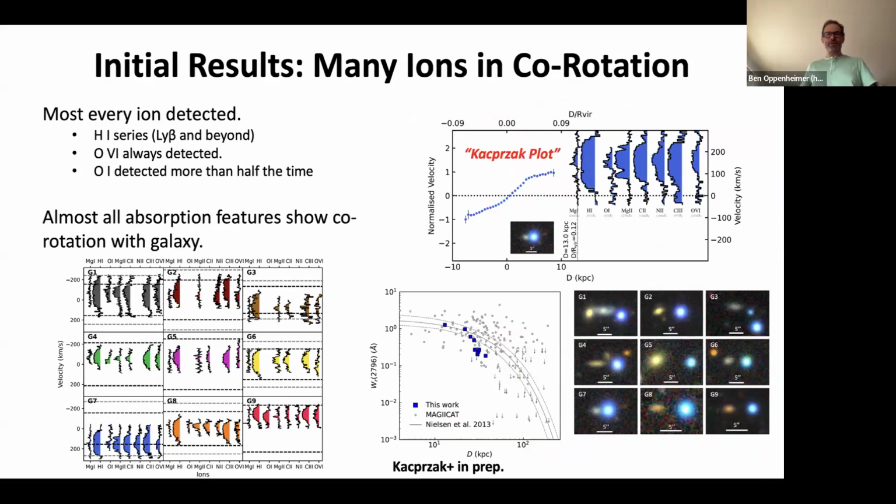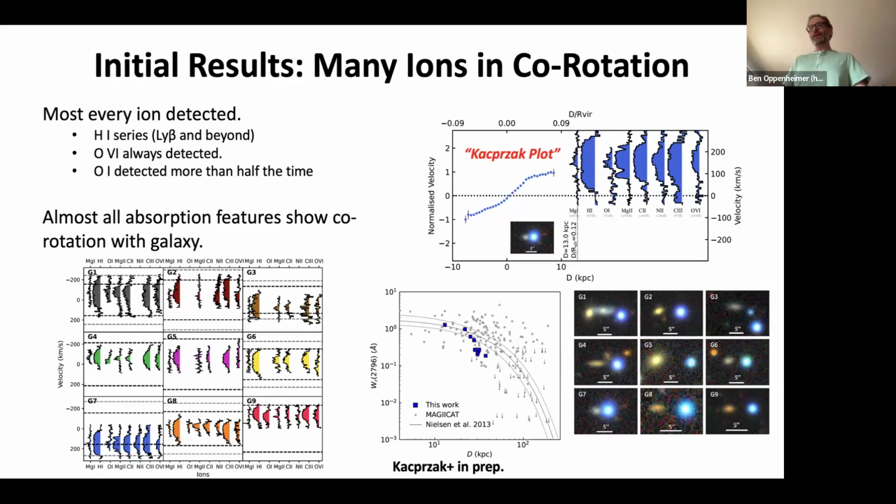And here's a busy slide showing some results. We have rotation curves for these, thanks to Glenn's observations. And you can see this has been known for a while, and Glenn, I think, really pioneered this: you see absorption that is co-rotating at CGM scales with the rotation curve of the galaxy.